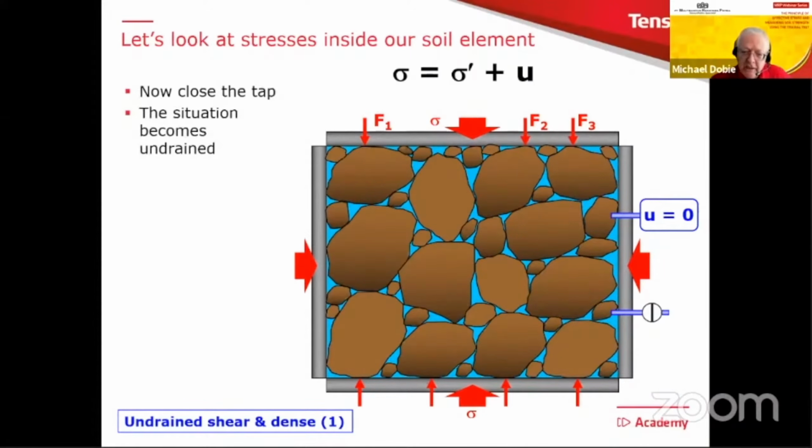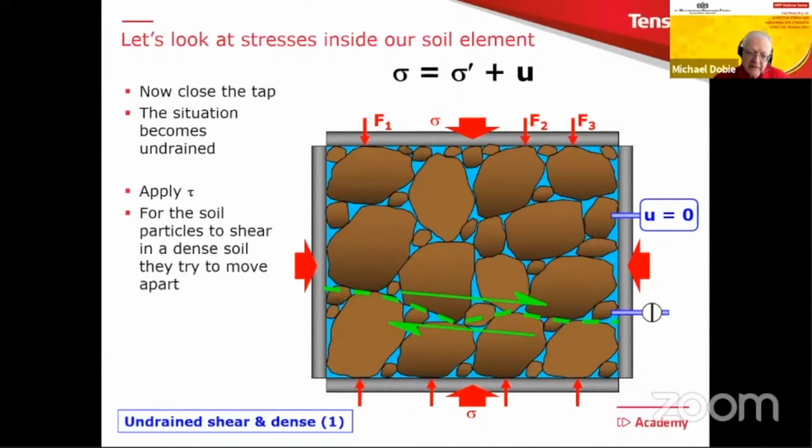So I now close the tap. You can see that? So the situation becomes undrained in our little element. I'm now going to apply the shear stress. So I go inside there somehow, and I apply that shear stress. Now, when I do that, because this is a very dense soil, in order to shear, the soil particles have got to move apart.